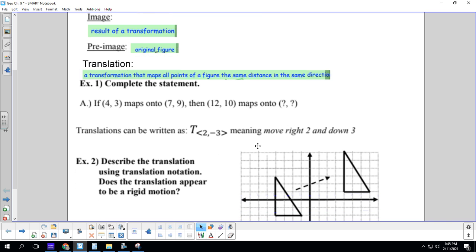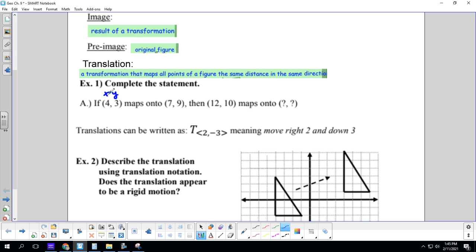Okay, let's see this in action. Example 1, we are going to complete the statement. If (4, 3) maps onto (7, 9), then (12, 10) maps onto what? Okay, so we are going to go the same distance in the same direction. I know it might be a while for some of you guys, maybe you haven't done your coordinate fussing in a while.